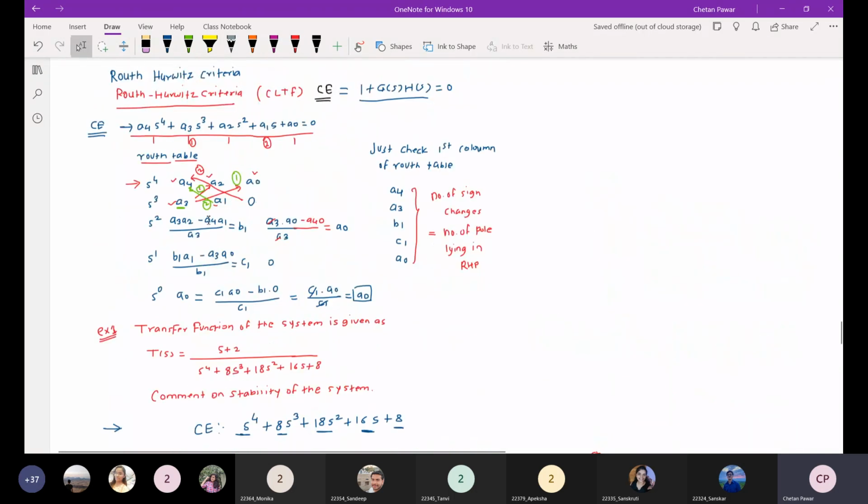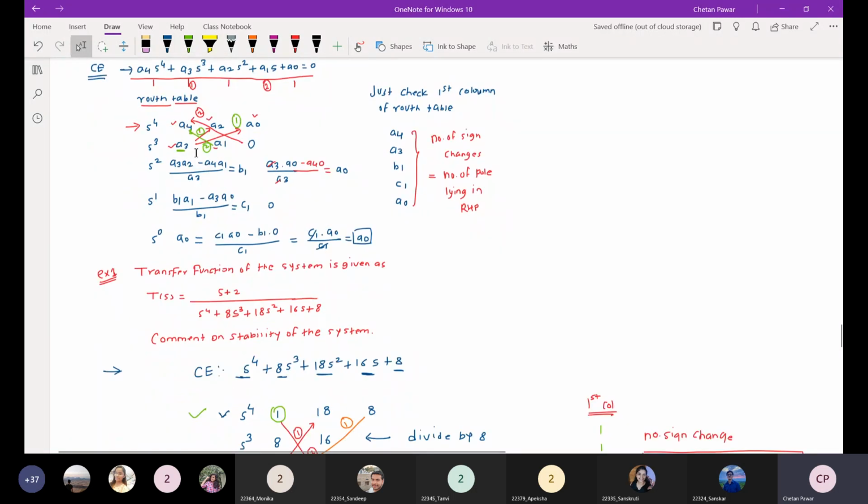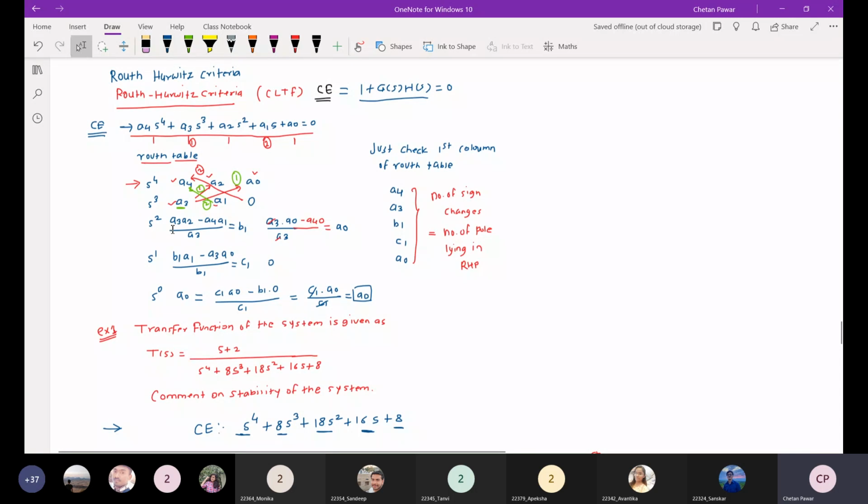So here, just consider this one. The s raised to 4 row has a4, a2, a0 as the coefficients. In the s cube row, a3, a1 and 0 are the coefficients.